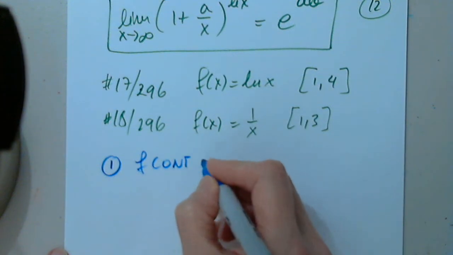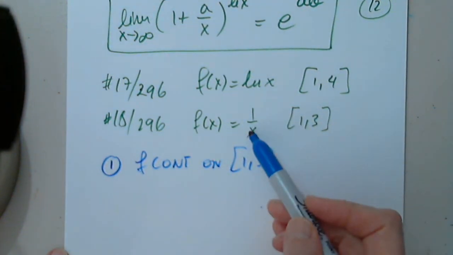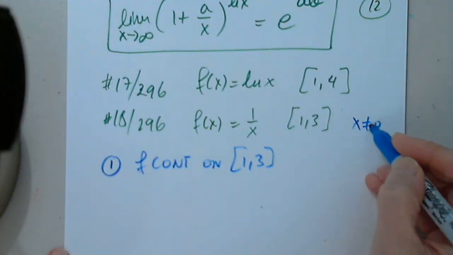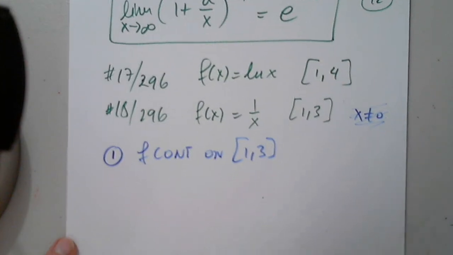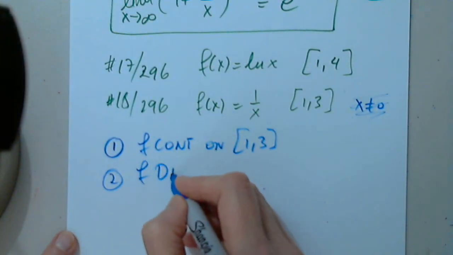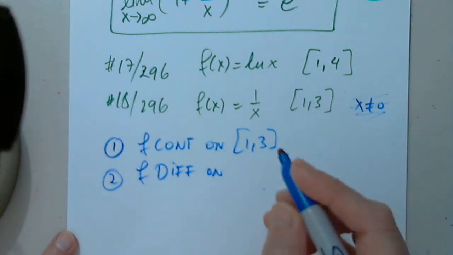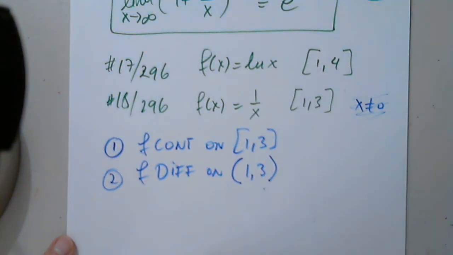So in number 1, on the interval 1 comma 3, I have to write that f is continuous on 1 comma 3. Guaranteed. It's not continuous at 0, but 0 is not here. In number 2, I know that f is differentiable on the open interval 1 comma 3.